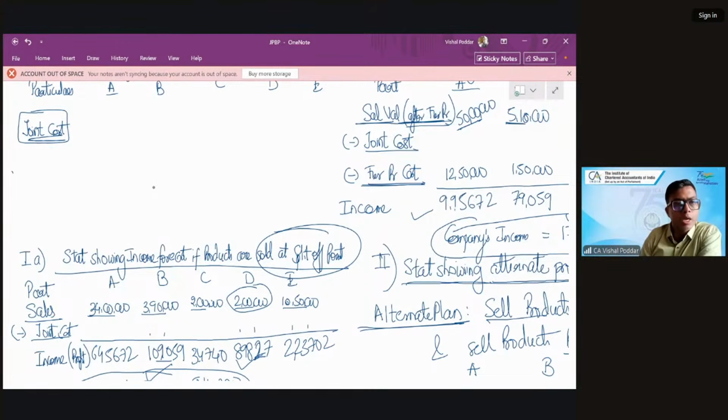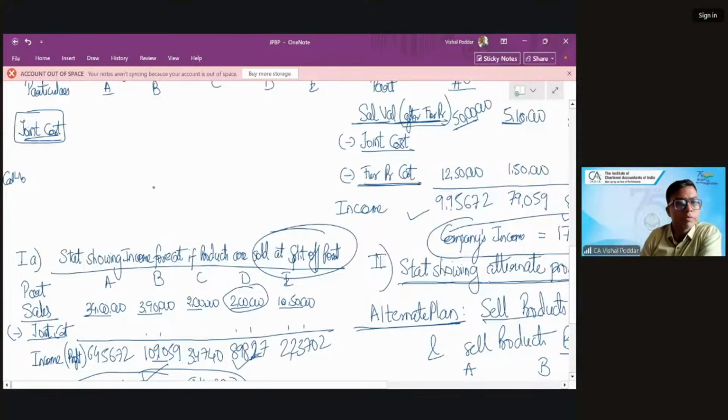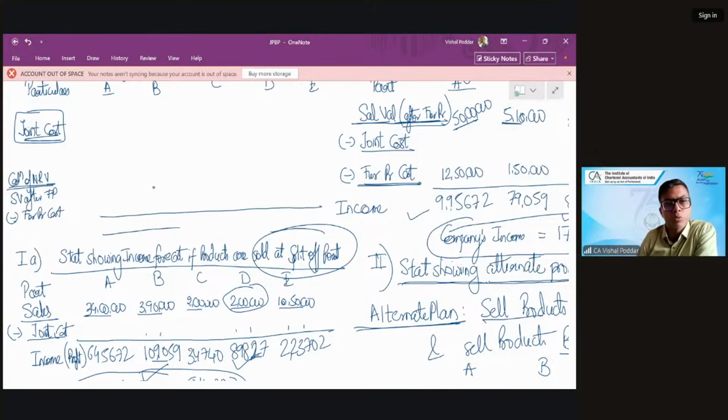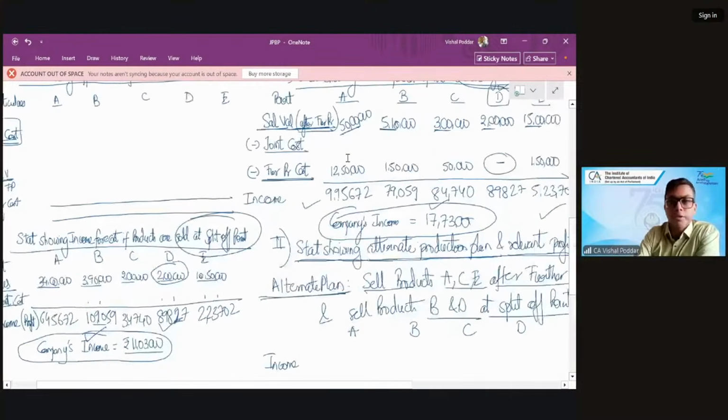Now I'll have to do calculation of how it will be. You take sales value after further processing and subtract the further processing cost. The difference of these two is your NRV. Fine. So see, I already have these figures here.